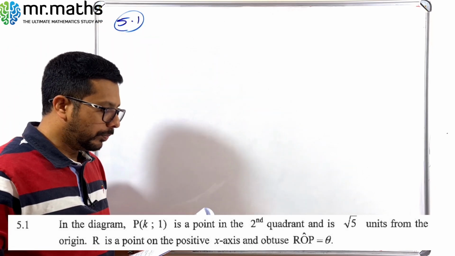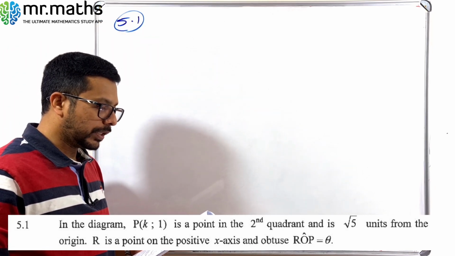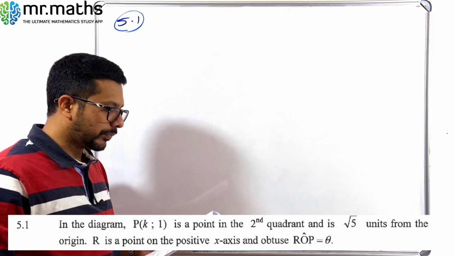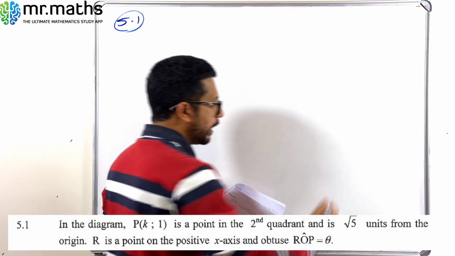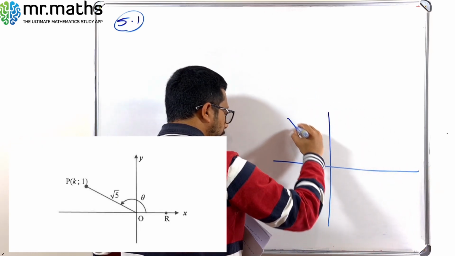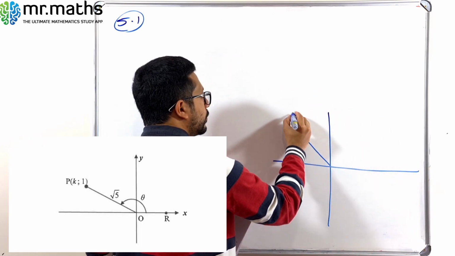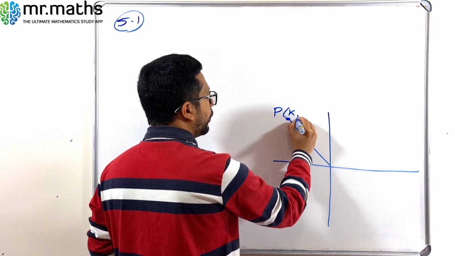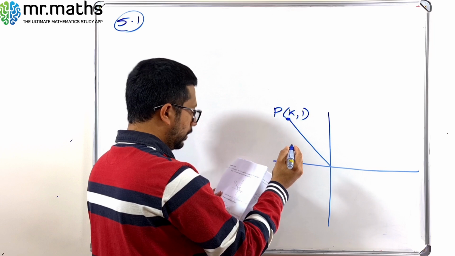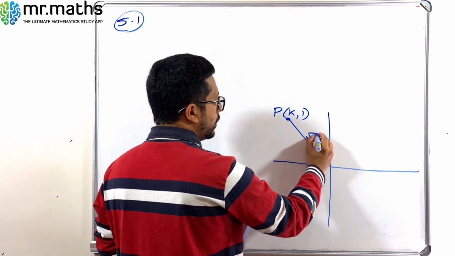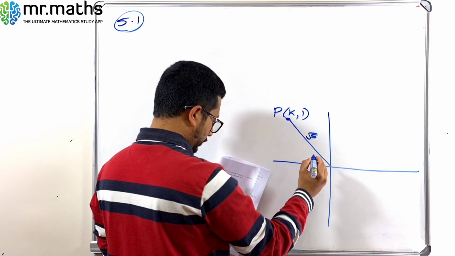In the diagram, P(k, 1) is a point in the second quadrant and is root 5 units from the origin. There is a diagram given like this, and there is a point. This point is P, and they are saying that it is (k, 1). Then this distance is root 5.